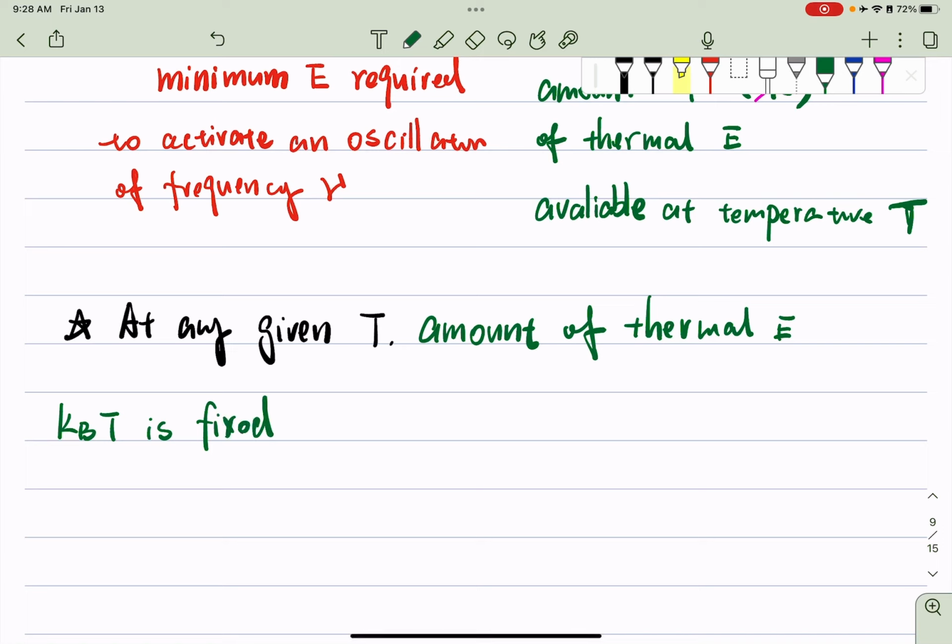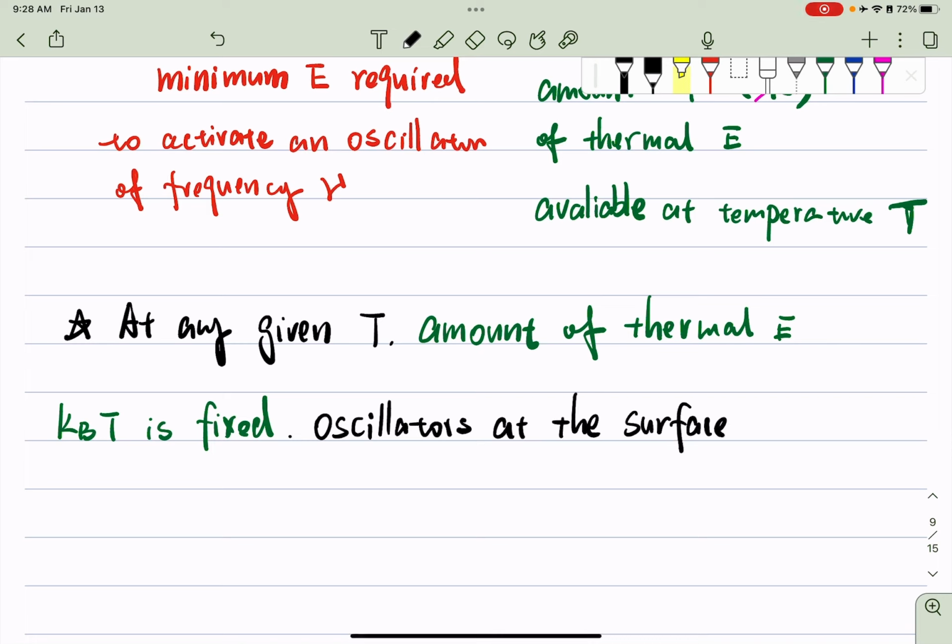At a given temperature, my KBT is just a constant. It's not changing. And now the oscillators at the surface.